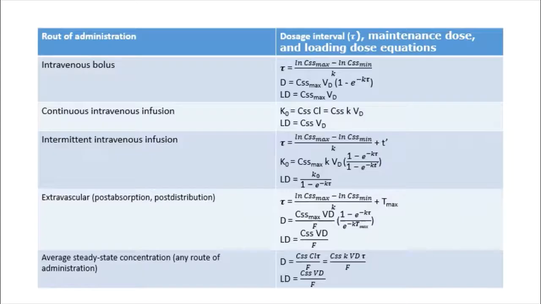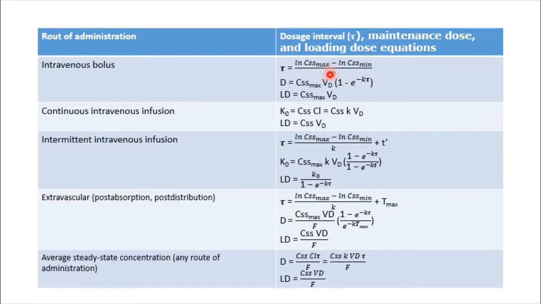For the calculation of tau, maintenance doses and loading doses, it is different according to the route of administration. For example, in intravenous bolus, tau equals the natural log of the maximum plasma concentration minus the natural log of the minimum plasma concentration at steady state, over the elimination rate constant.